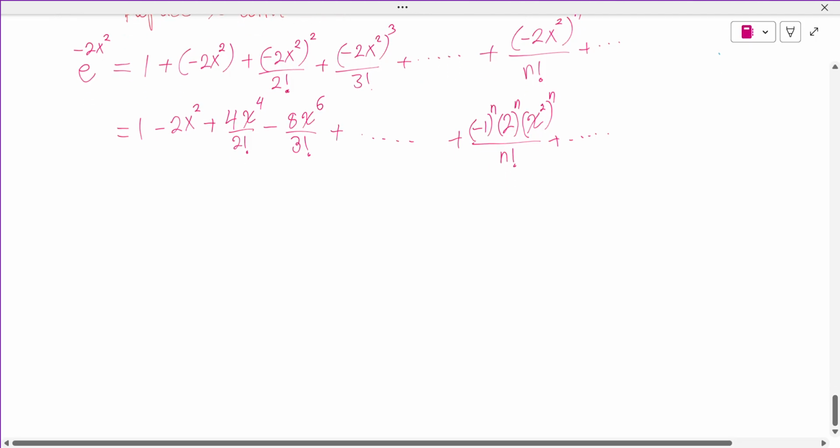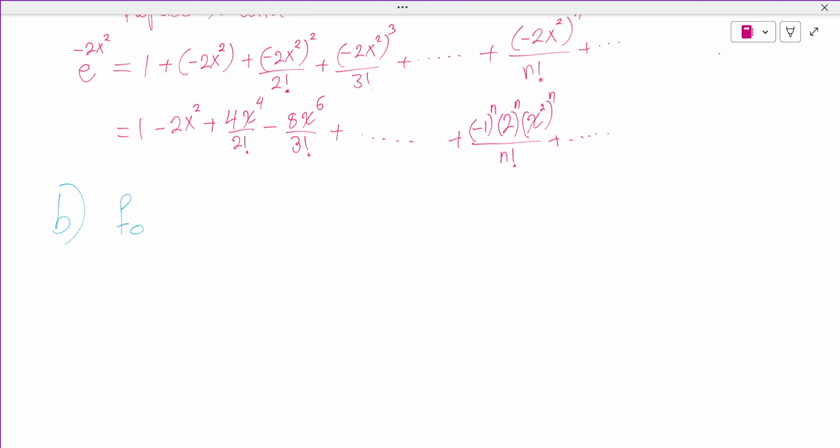So this is the second part. You can say for what? For e raised to x, the interval of convergence is from negative infinity to infinity.